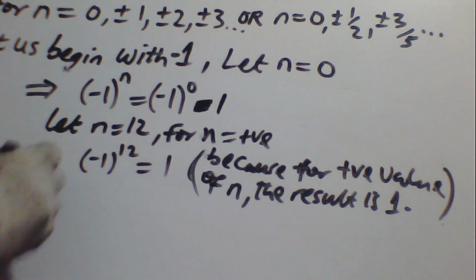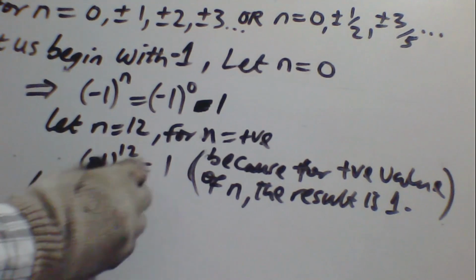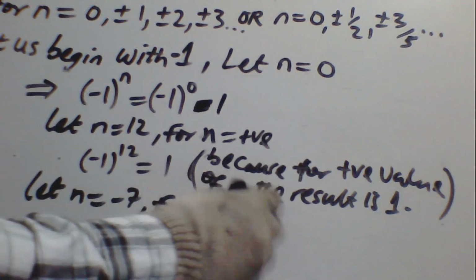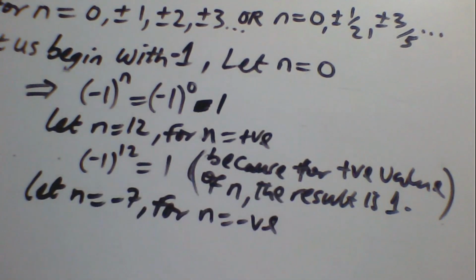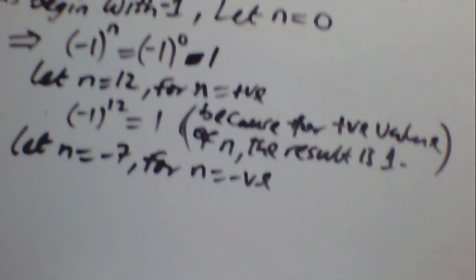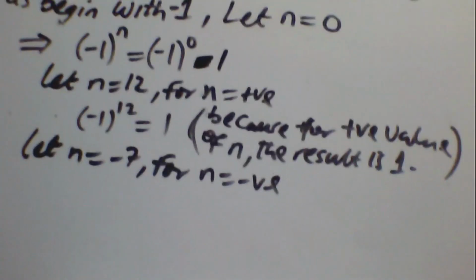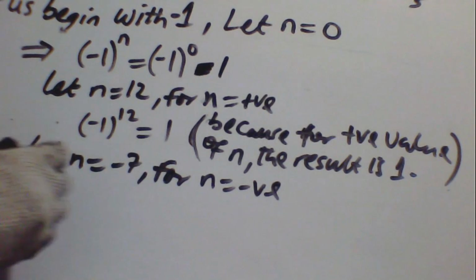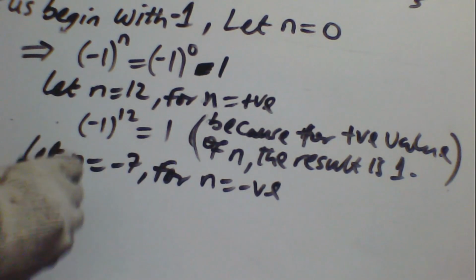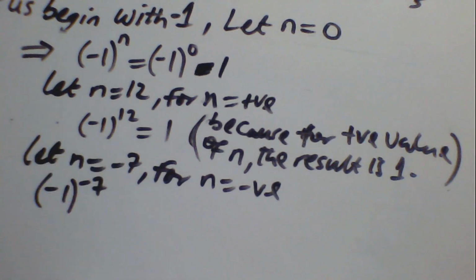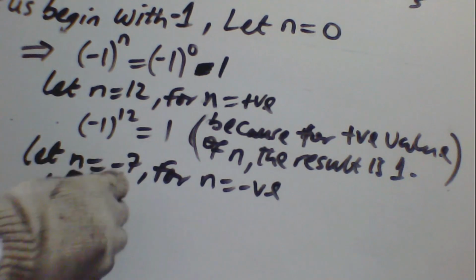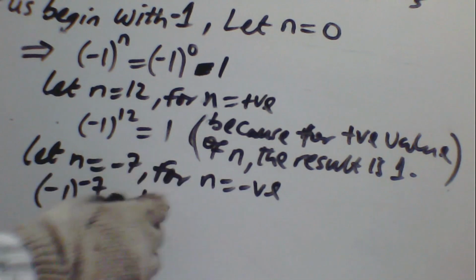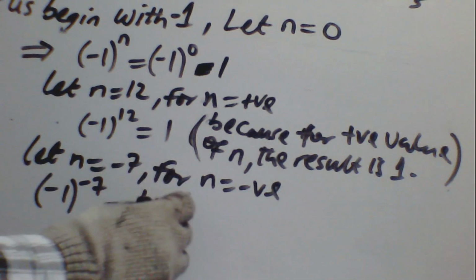So let n equal minus 7 for n a negative number. This means minus 1 raised to power minus 7. By indices, this will give us 1 over minus 1 raised to power 7.